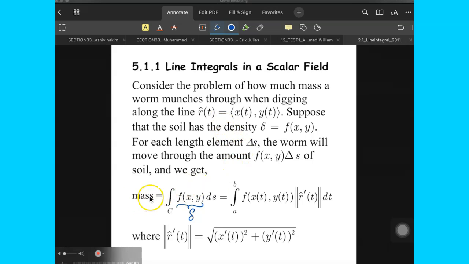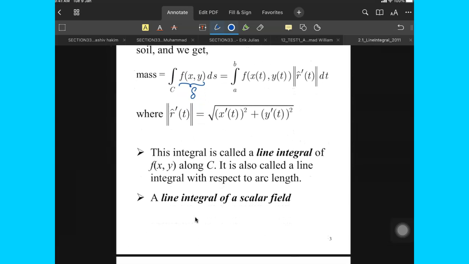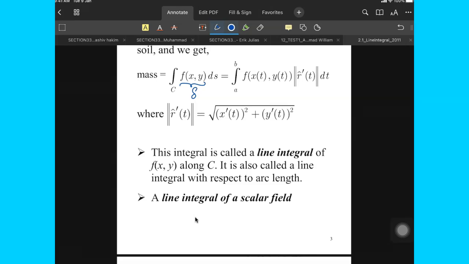So you can evaluate the mass of that particular wire or rope along the curve given. We call this the line integral of the density function f along the curve C. It is also called a line integral with respect to arc length.